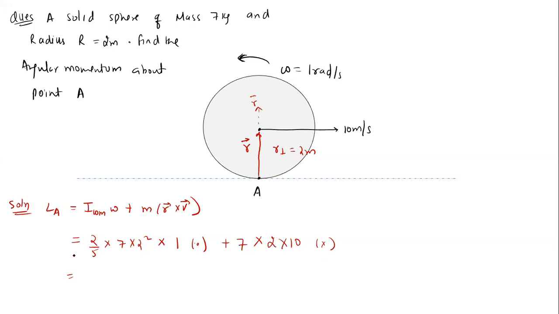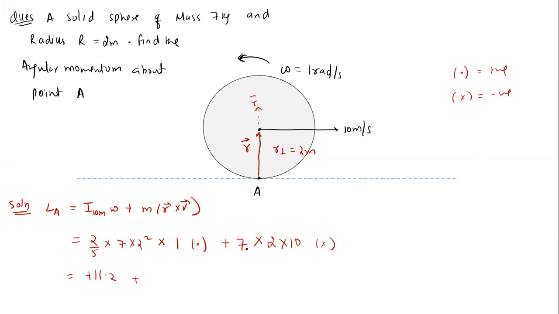Now we can get the answer for this. The answer will be how much? This will be 4, 4 into 2, 8, 56 by 5, so this will come out to be 11.2. I have taken dot as positive and cross as negative.